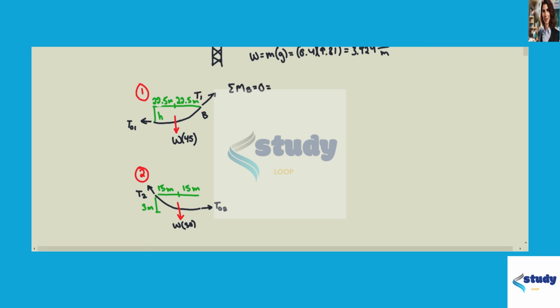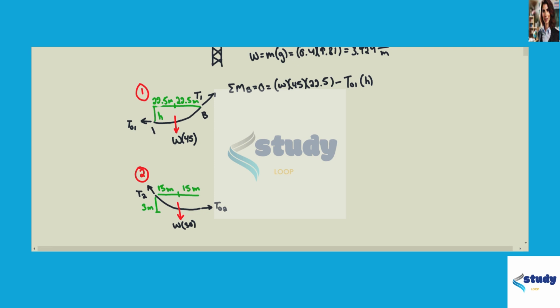This equals the weight per unit length times 45, times a quarter of the length of the cable, which is 2.5, and then we subtract the tension T01 times h, because that is the vertical distance from here to B in the vertical direction.